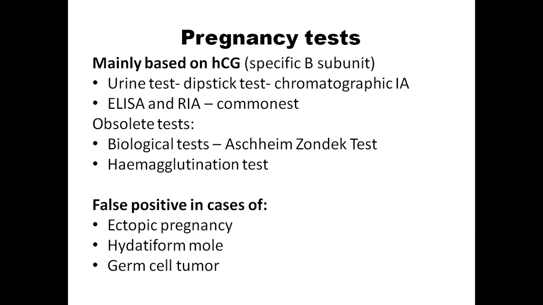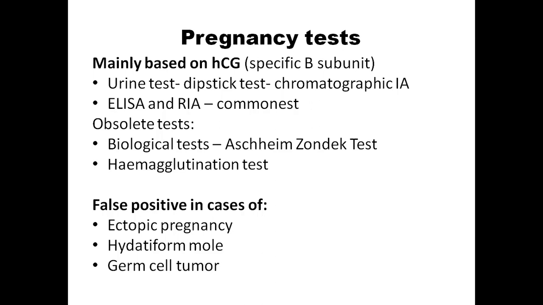But this is a very cruel thing, to sacrifice an animal just to know about the pregnancy. And the hemagglutination test is like that of the blood grouping. That is, the HCG antibodies are being tested with maternal urine, and if there is agglutination, then the pregnancy test is positive. Pregnancy test is very important for detection.